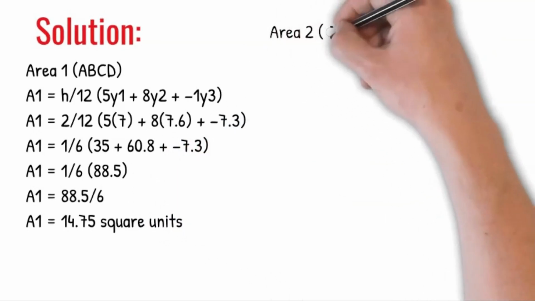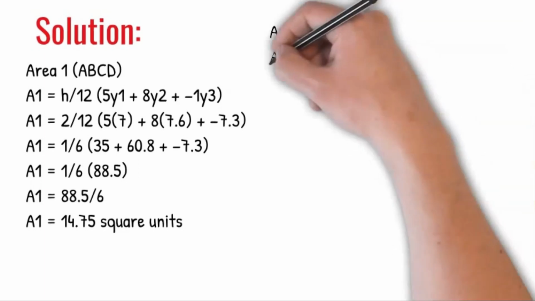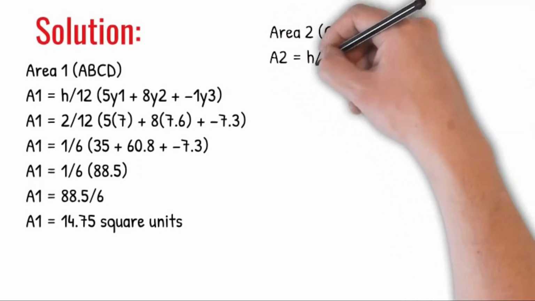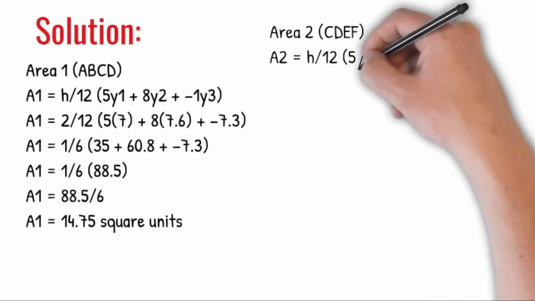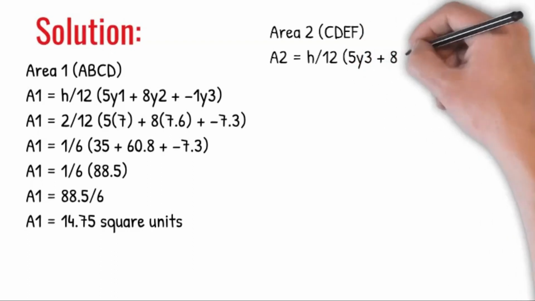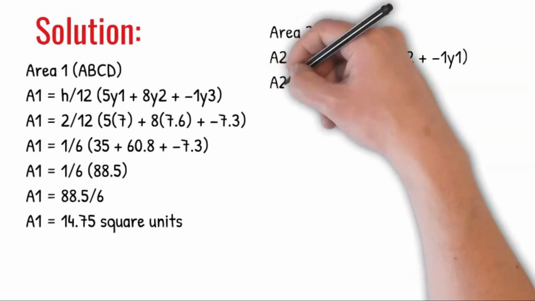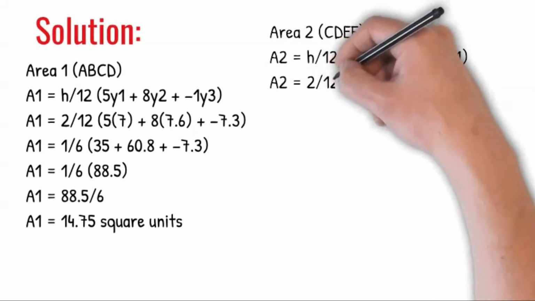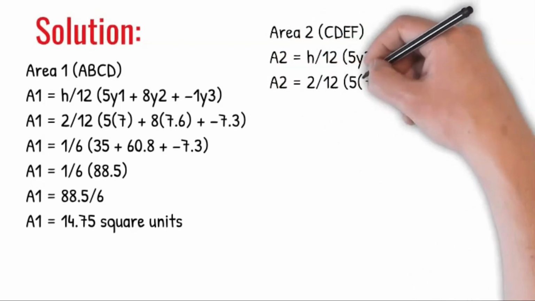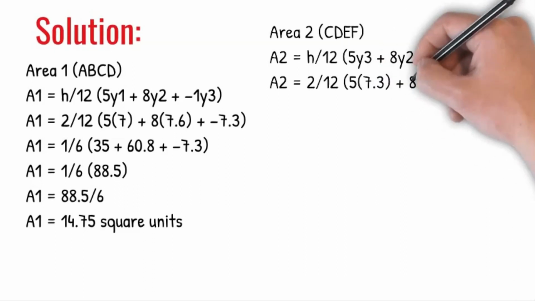Solution: for Area 2, CDF. Area 2 equals height over 12 times the algebraic sum of 5 times y3 plus 8 times y2 plus negative 1 times y1. Area 2 equals 2/12 times the sum of 5 times 7.3 plus 8 times 7.6 plus negative 7.